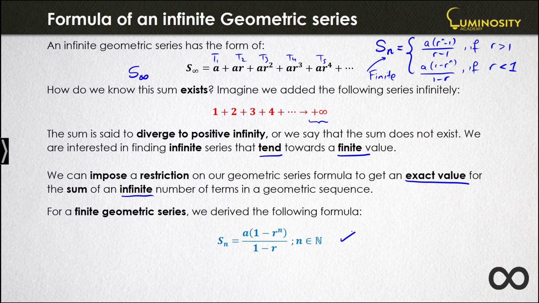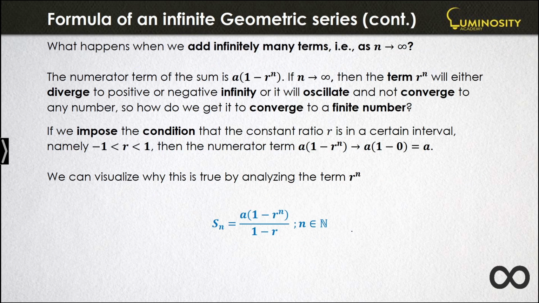All right. So what happens when we add infinitely many terms? Basically as n goes towards infinity, the numerator term of the sum is this here: a times 1 minus r to the n.